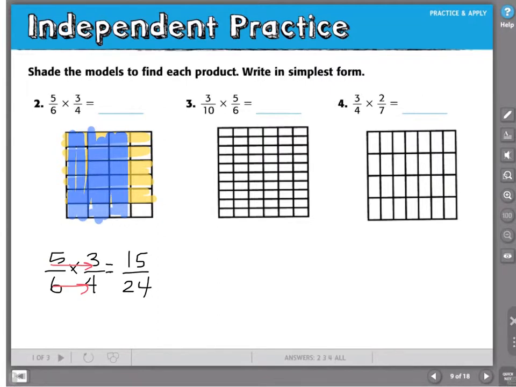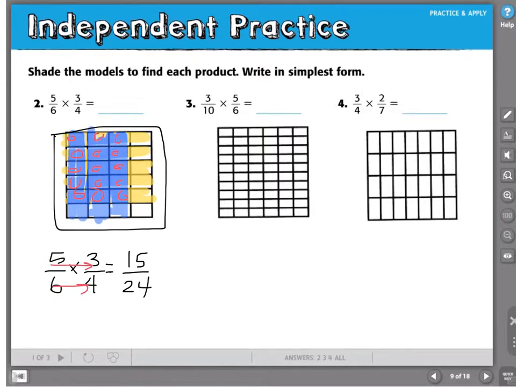I have 1, 2, 3, 4, 5, 6, 7, 8, 9, 10, 11, 12, 13, 14, 15 sections that overlap out of a total of 24 sections. So without using models, we can simply multiply our numerators and multiply our denominators. Let's check out these other two and see if the same is true.